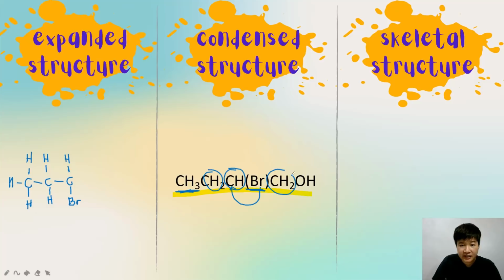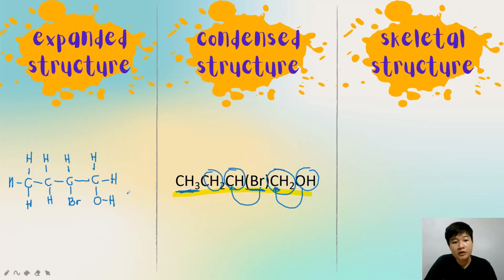Next, we have CH2, so this carbon is holding H, H. And the OH also belongs to this carbon, but why is it not in the bracket? Because it belongs to the last carbon, so it doesn't need to be in the bracket. When you expand it, the bond between the O and H also needs to be expanded, because in the expanded structure, you are going to show all the bonds that you have in your structure.